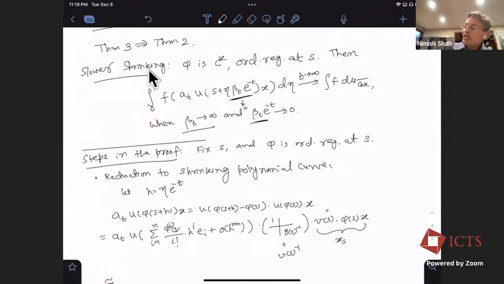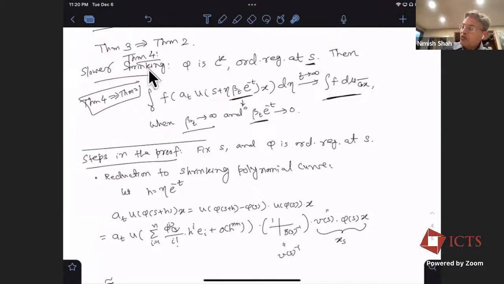If you shrink slowly, then for every point S where it is order regular, you straight away get equidistribution. So if you call this theorem 4, then theorem 4 also implies theorem 2. Instead of shrinking this, you shrink slightly less. So this also works.